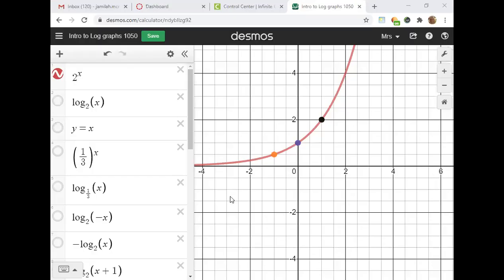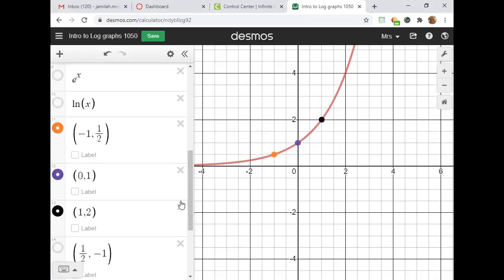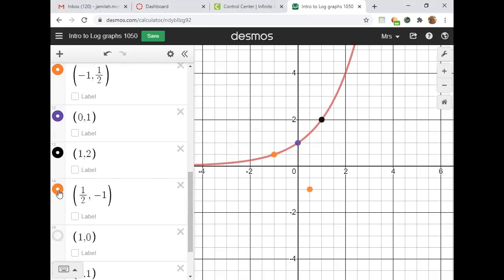Okay, so now we're going to look at this screen for a second. We just talked about y equals 2 to the x. We've got a point at (-1, 0.5), a point at (0, 1), and a point at (1, 2). If I'm going to swap all of those, swap those two.